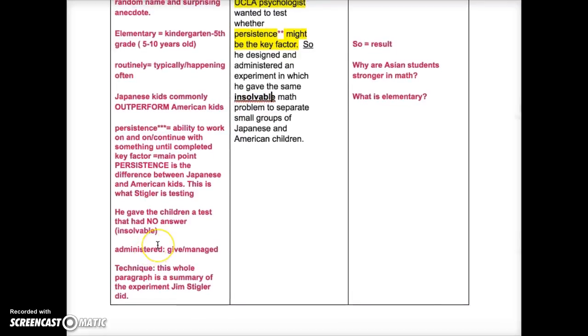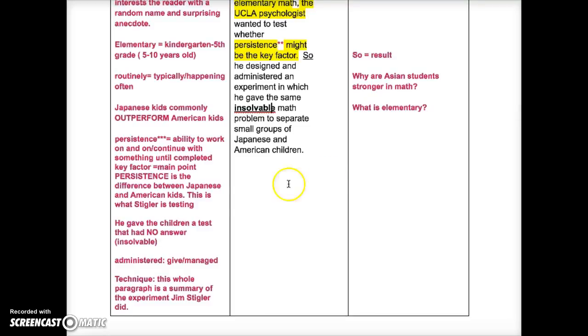And I guess he's going to determine why it is that the Japanese students do better than American. So I'm going to change some of my questions here. Why are Asian students stronger in math? What were the results of his experiment?